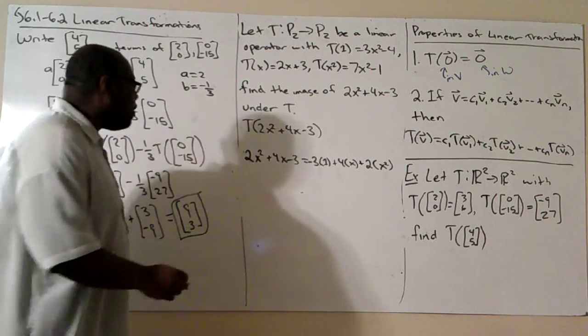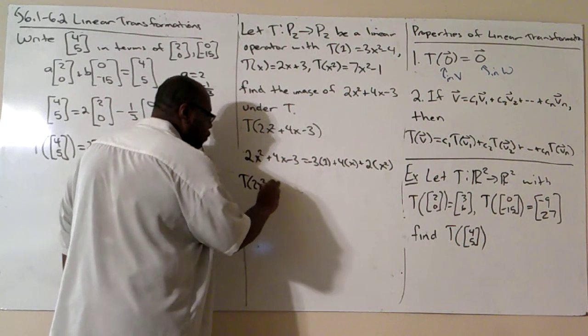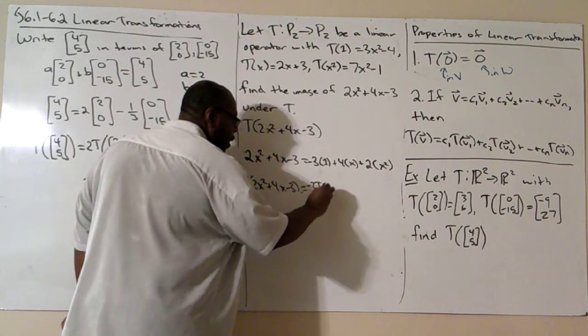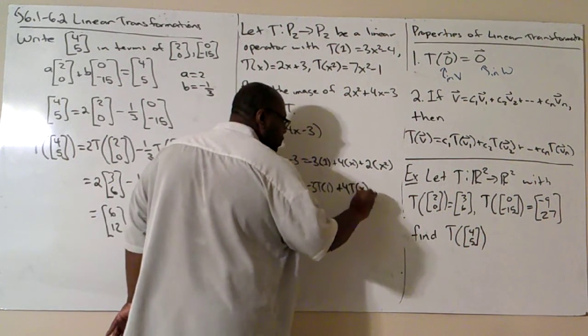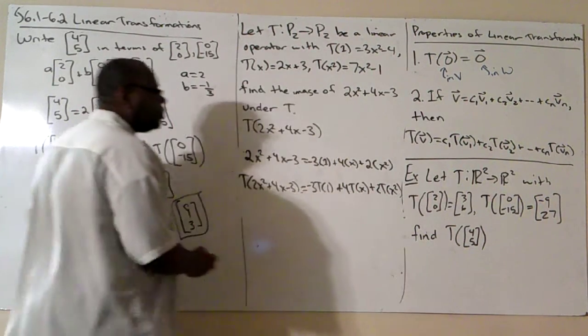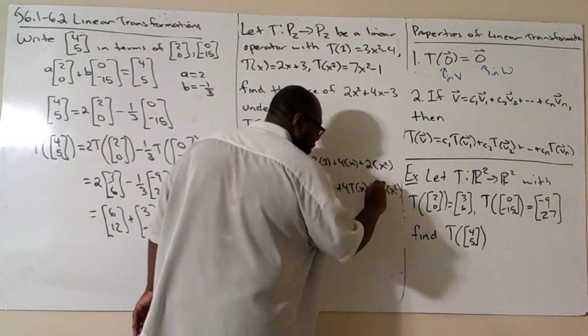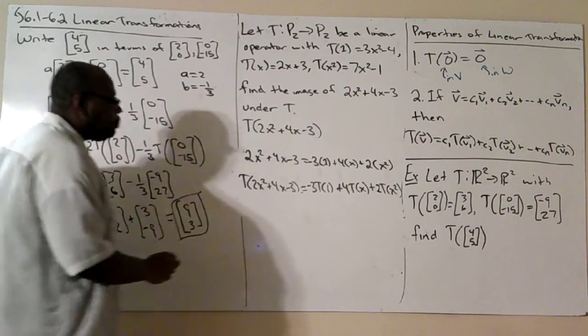And now I want to find out what is T of 2x squared plus 4x minus 3. Well, it's going to be negative 3 times T of 1 plus 4 times T of x plus 2 times T of x squared. Let's just plug it in.